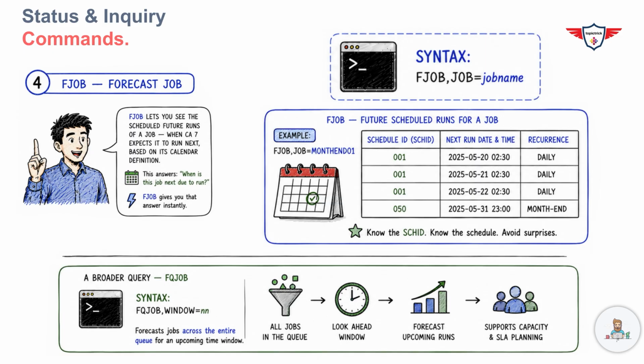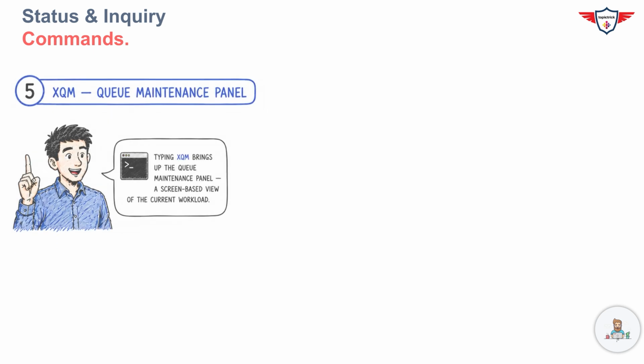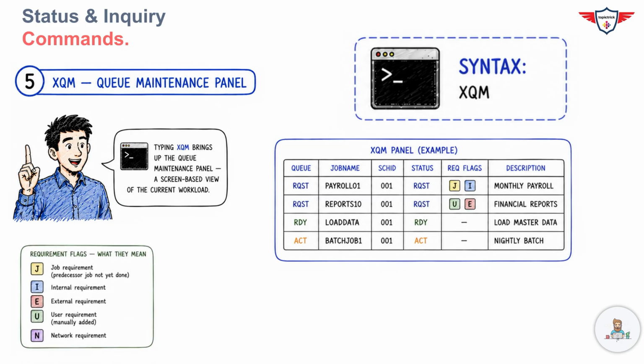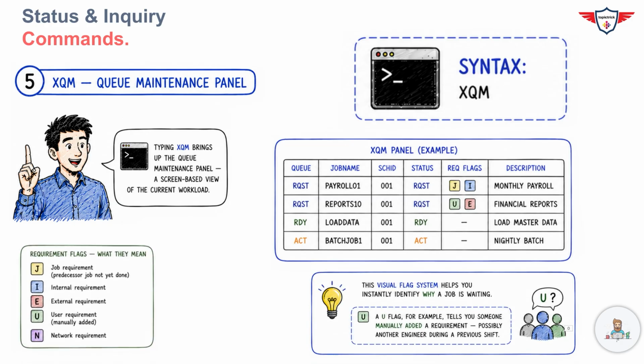Now the next command is pretty interesting. That is XQM, that is Queue Maintenance Panel. So when you type XQM, it will bring up the queue management panel, a screen-based view of the current workload. From here, you can see job listings with their requirement type displayed as flags. So if you see J, that means job requirement, that is predecessor job not yet done.